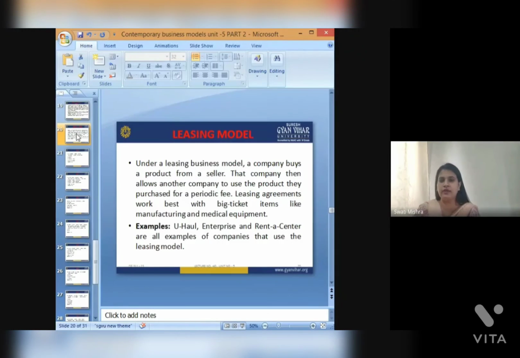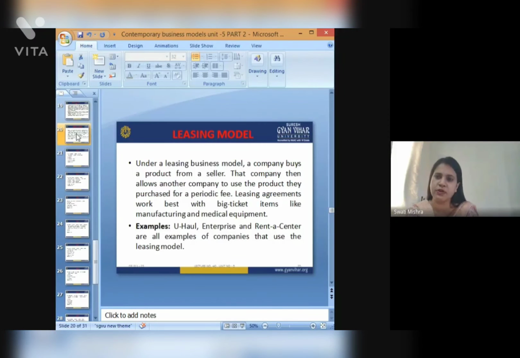Like there is a hotel and it leases out to Oyo Rooms, wherein Oyo captures a few rooms of your hotel property, or maybe sometimes the entire property, and they sell your rooms on their websites, considering some basic standards to be maintained by your hotel chain, and it's been leased out. Oyo is of course a separate concept, but sometimes an entire hotel is leased out and given to some other person for running that hotel. So under this leasing business model, I hope you have understood that this company is buying a product from the seller, and the company then allows another company to use that product.